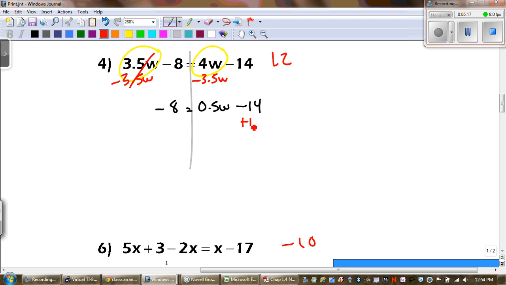Okay. Add 14 to both sides. Negative 8 plus 14 gives me 6. Okay, and the last step is to divide. And when you divide that, you get 12.